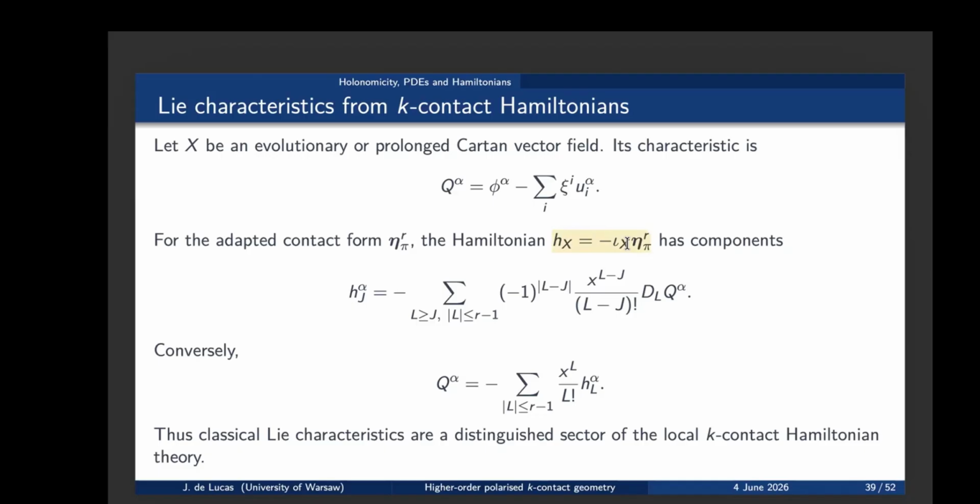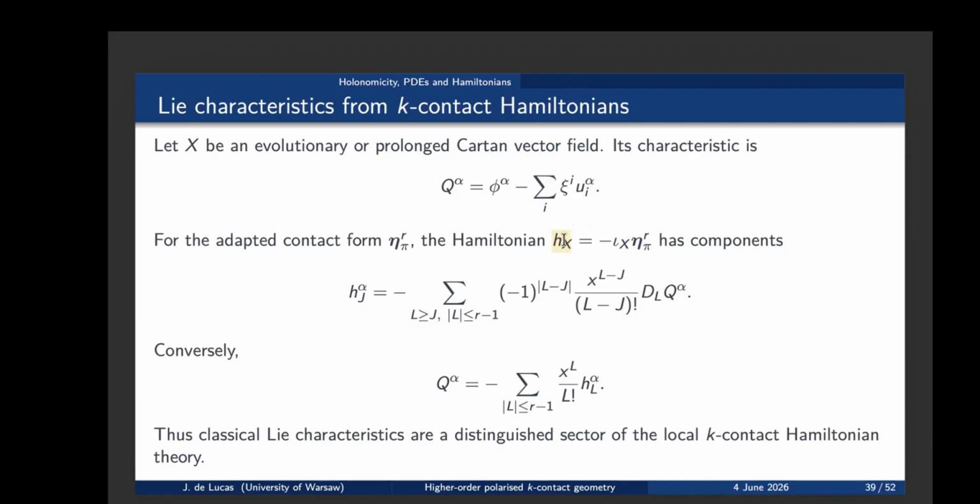When you have a vector field that is Hamiltonian, that means essentially that it leaves the K-contact distribution invariant. When you contract with the contact form on J^1 π, you obtain a Hamiltonian function, a function with values on J^1 π.